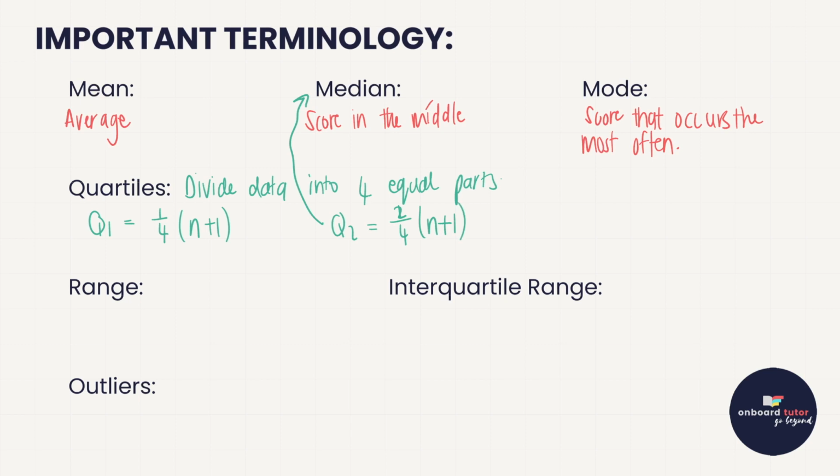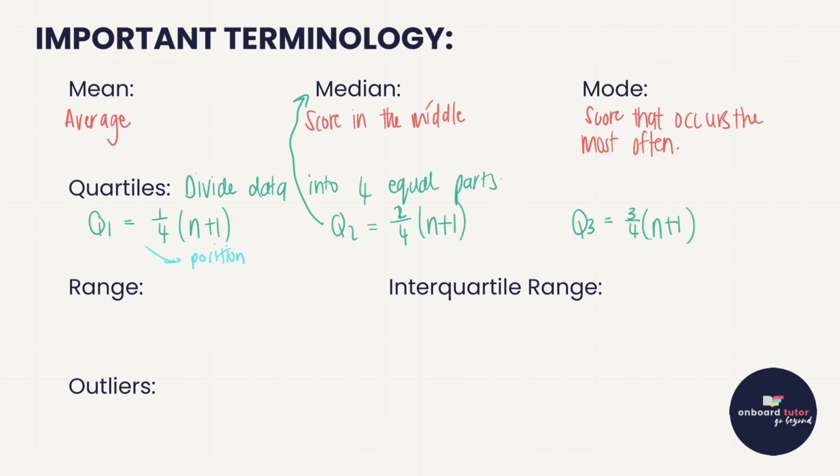That's the location of quartile 2. And quartile 3, sometimes called the upper quartile, 3/4 times n plus 1. So in each instance, these formulae will tell you the position of that quartile, and then you'll go and see which data score is number 12, for example. That is quartile 1, the score in that 12th position.